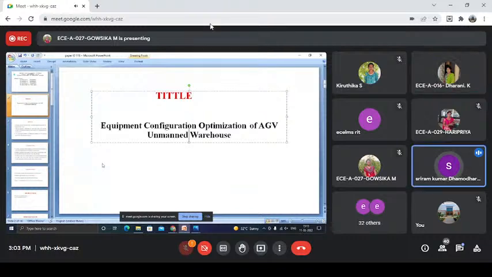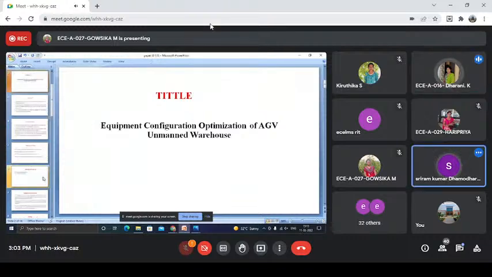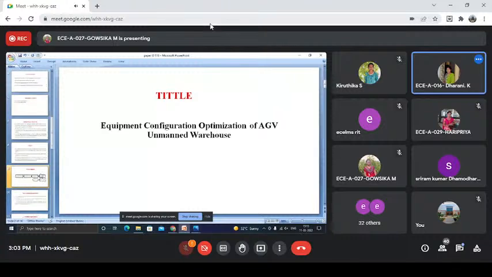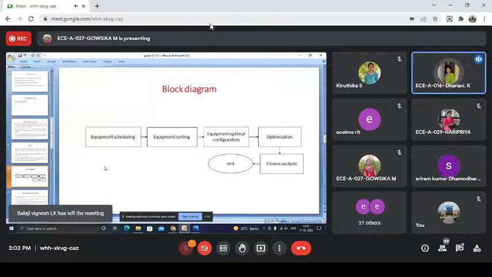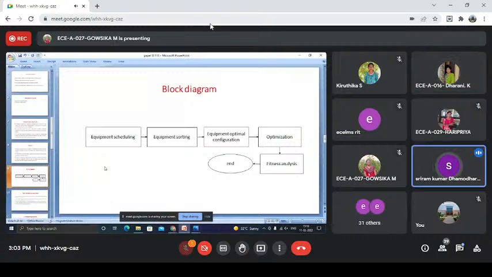Okay, what have you finished so far? What is the result so far? And maybe with the help of this block diagram, you can say where you are. The scheduling part, sorting is over. In the scheduling part, we have seen that if a task is executed, the equipment configuration will be recorded. I understand that.